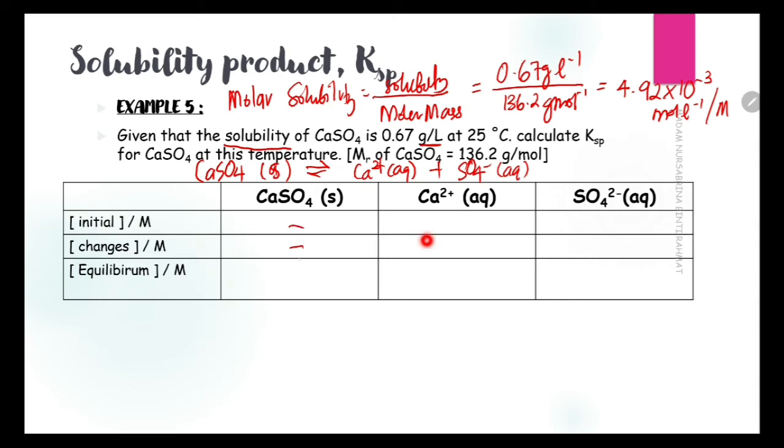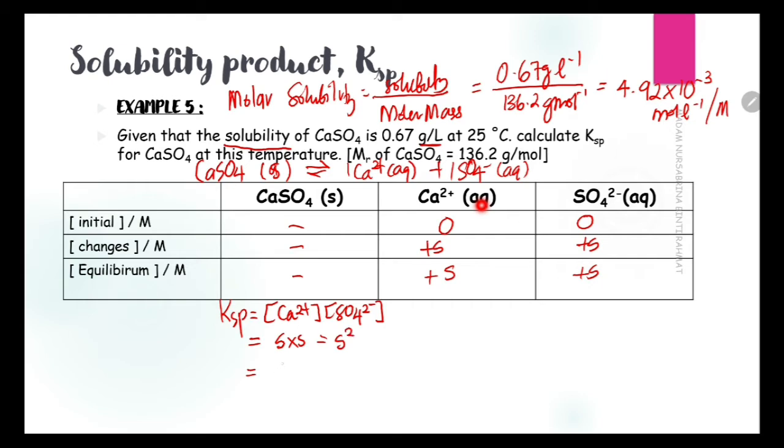So for calcium sulfate, my calcium ion is 1 mole and sulfate ion is 1 mole. Initial is 0, then plus S for both ions, and therefore equilibrium is the same. My Ksp is calcium ion concentration times sulfate ion concentration, in terms of S times S, which is equal to S squared.